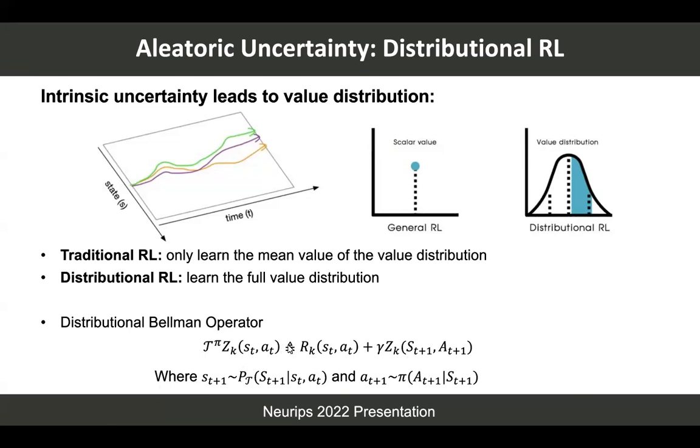And this equal sign means we want to match the distributions of the 2 hand sides. So when we use deep learning, we need to minimize the difference between the current distribution and its target distribution.